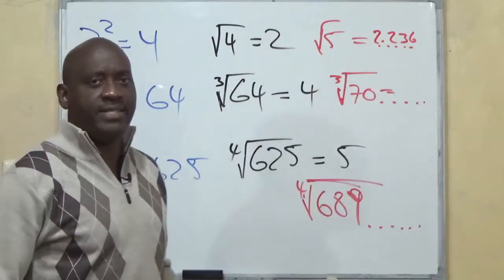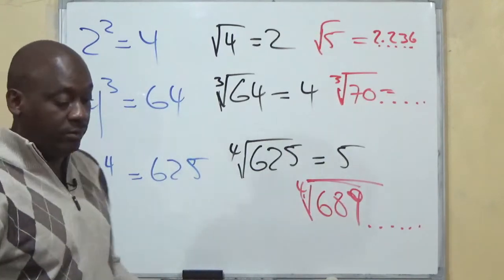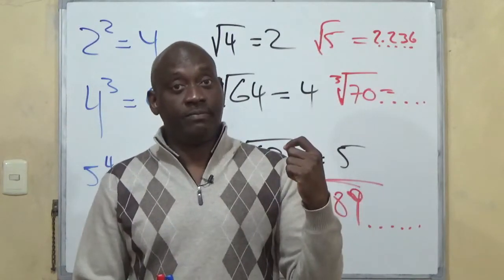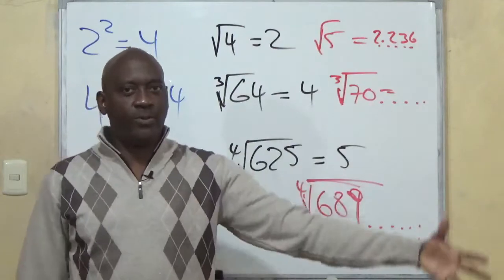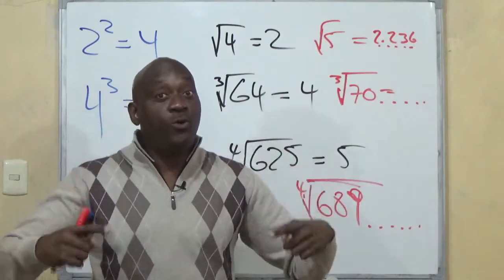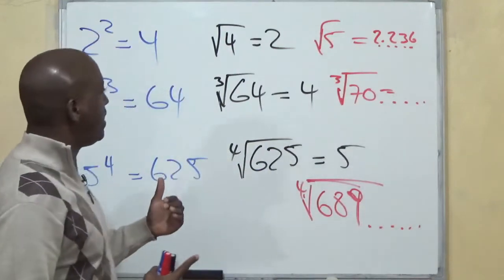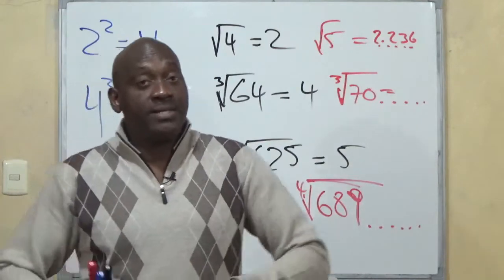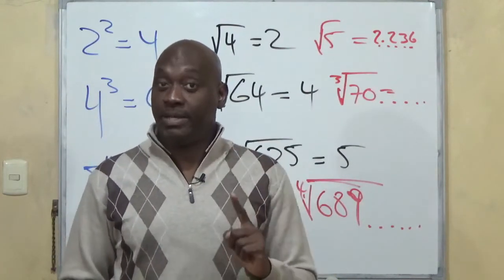The cube root of 70. 4 cubed is 64, and we know that 5 cubed is 125. And if 70 is between 64 and 125, then the cube root of 70 would lie between 4 and 5. So let me find out what the cube root is. We could sense that the cube root of 70 will not be an integer.